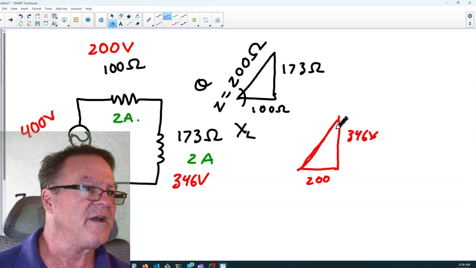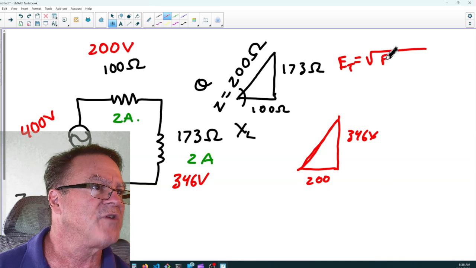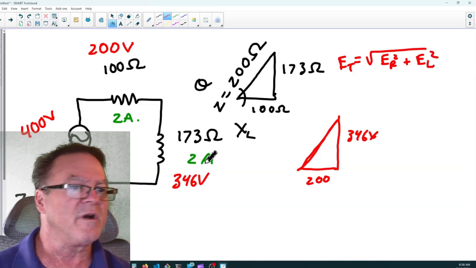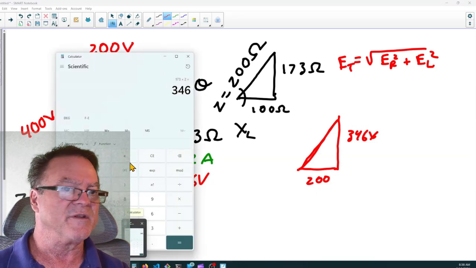And then if I take the square root, total voltage equals the square root of the voltage drop across the resistor squared plus the voltage drop across the inductor squared. We'll go back to our calculator. I hope I'm not doing this too quickly.